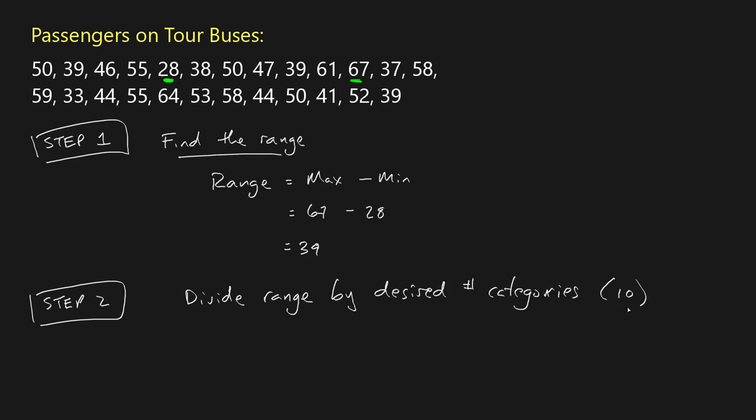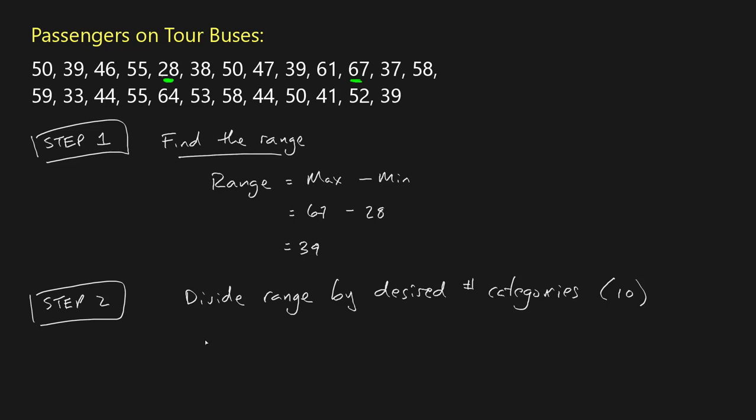That might change under some circumstances. Maybe you only have a really small space for a table, so you need to have less categories. So you might only want 5 categories. Or maybe you need a more in-depth look at exactly where the data falls, so you might want 15 or even 20 categories. It really can change depending on what your needs are, but for your course, the rule of thumb is we're looking for 10.